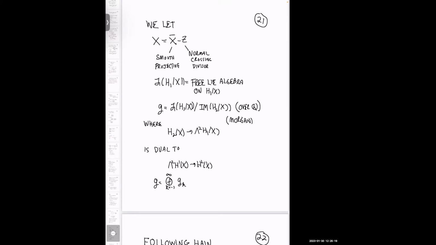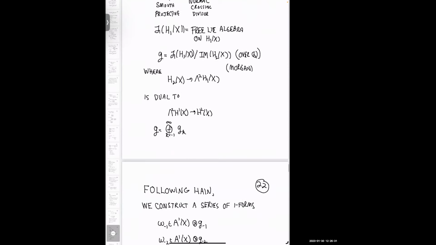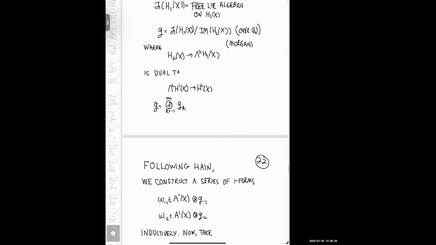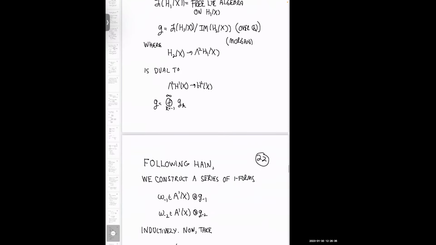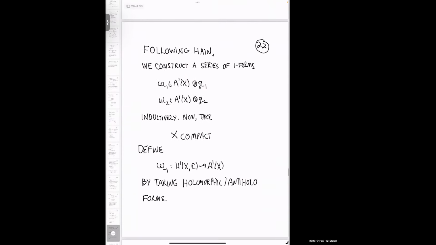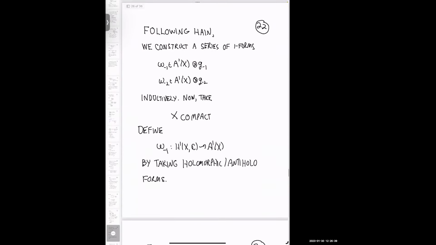And so when you look at this image of H2, then it has things of weights 2, 3, and 4. And maybe I'll wait to see what you do with it. Okay, so I'm going to restrict to the case where X is projective. So that, I think, will certainly address your concern.